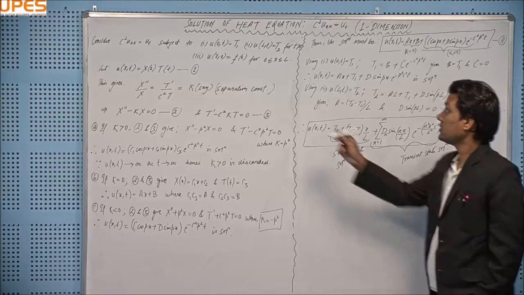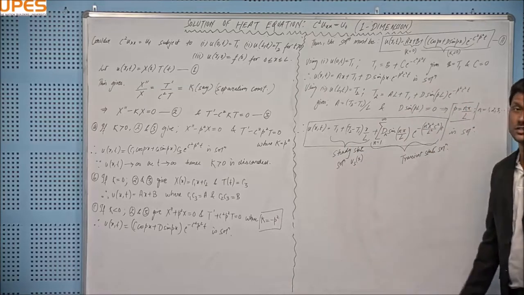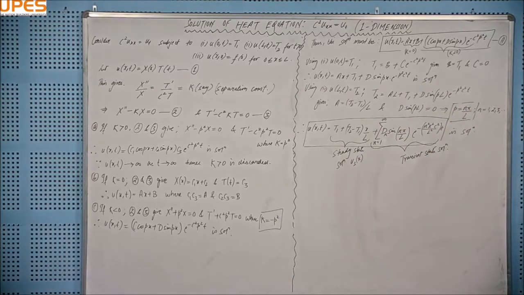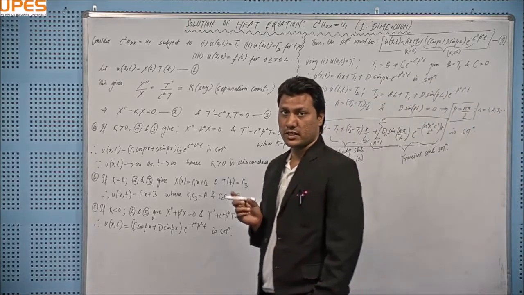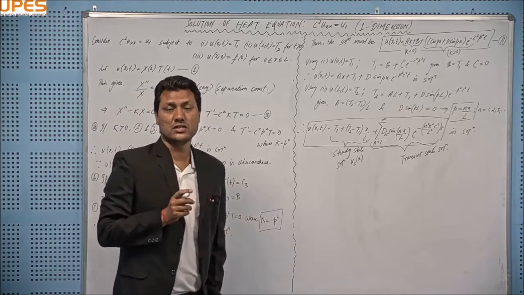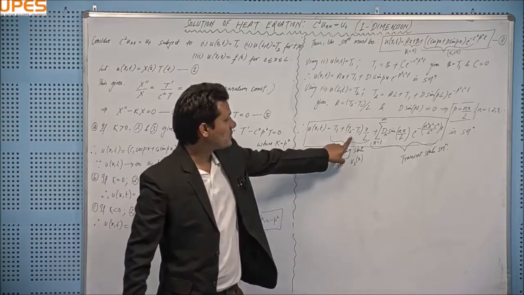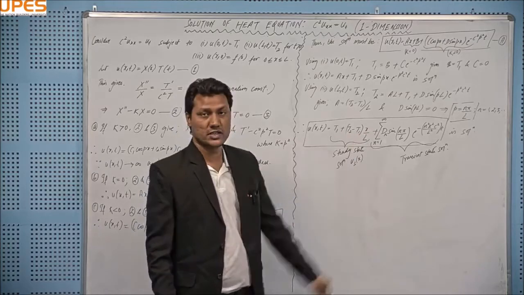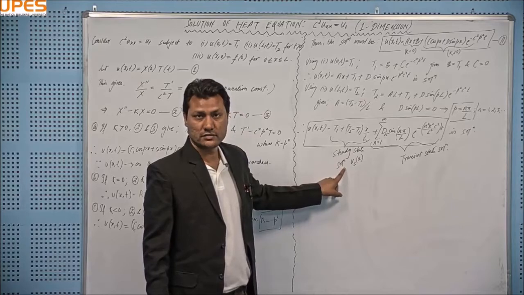This condition, u(x,0) is equal to f(x). First, I will explain what the steady state solution is. Steady state, as the name suggests, means the solution which does not depend on time. In fact, it is not depending on small t, it is depending on small x. That's why we are calling it steady state solution, right?